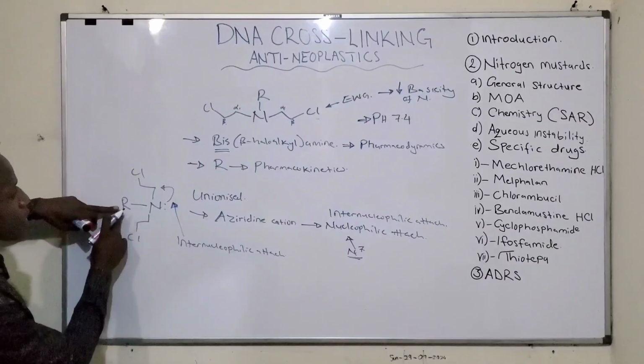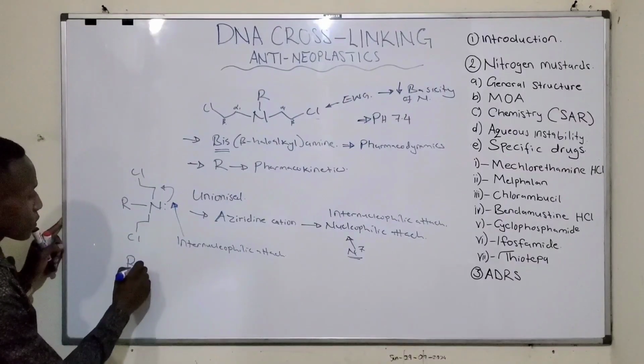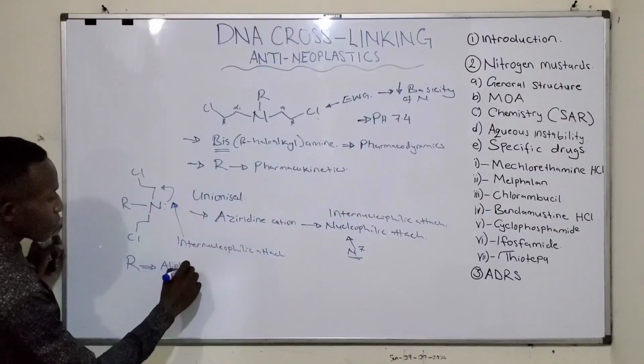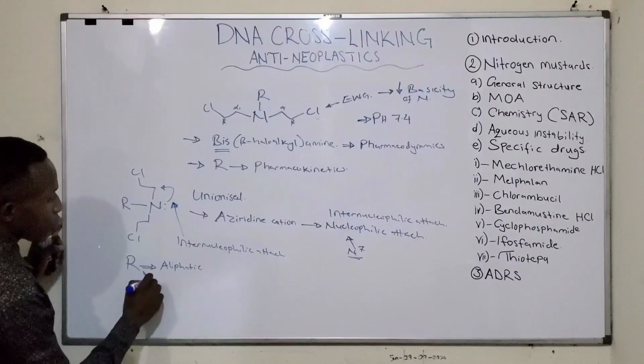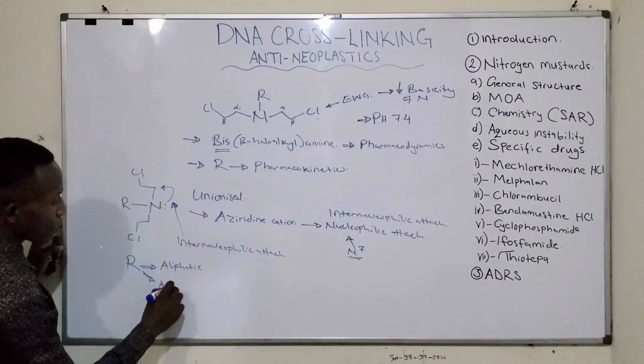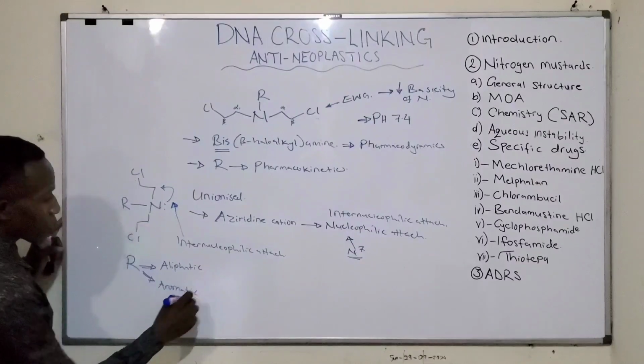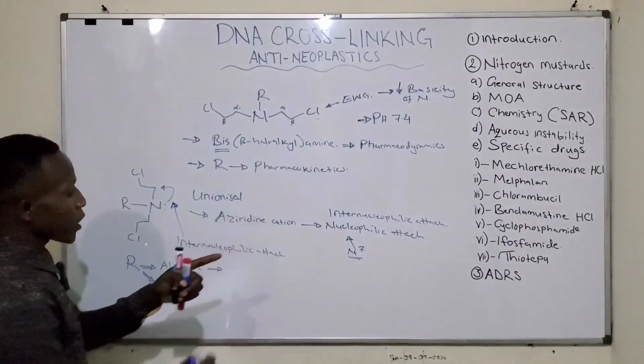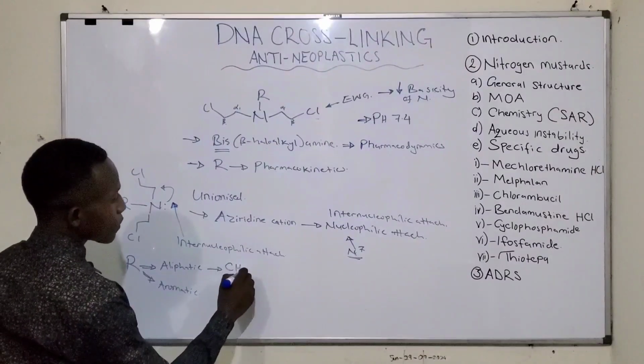Then, this R group can be aliphatic and can be aromatic. Aliphatic, for example, we have seen mechlorethamine, where we have the CH3.